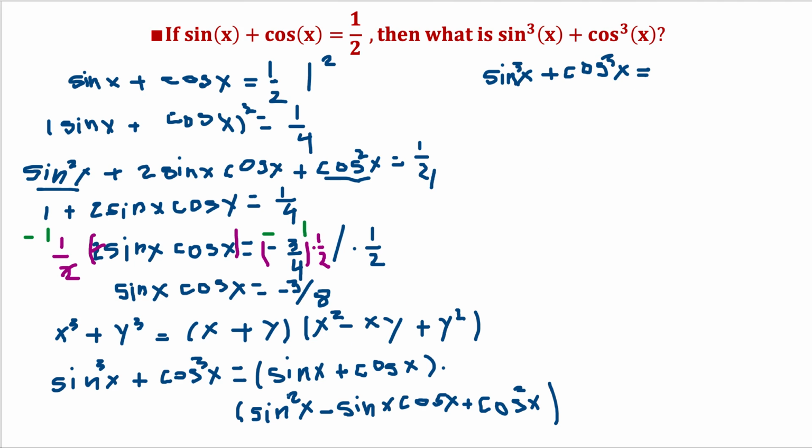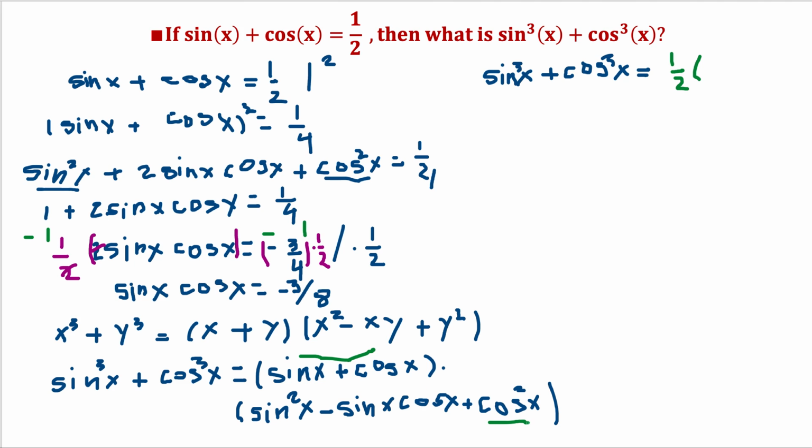What we can do: sine x plus cosine x is equal to 1.5. We have it here. So instead of this, we take 1.5. So here we can substitute with the numbers, times sine square x plus cosine square x.